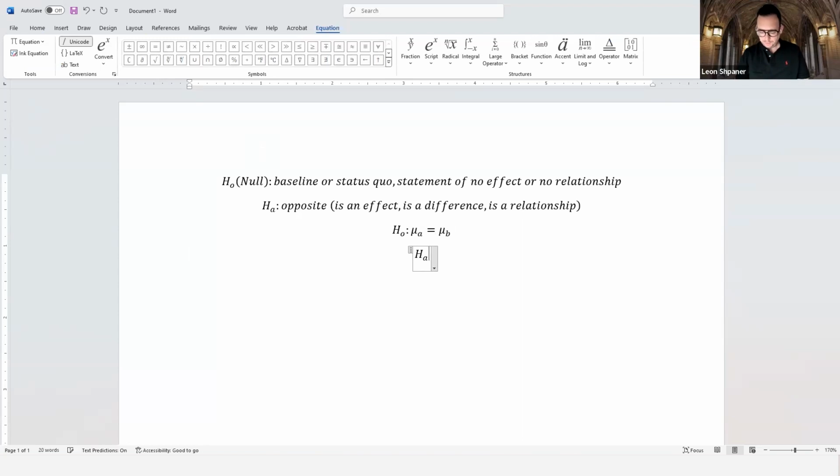Alternatively, you would say that the mean of group A is not equal to, if you're doing a two-tailed test, the mean of group B.